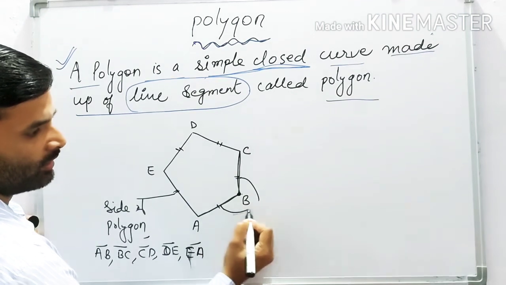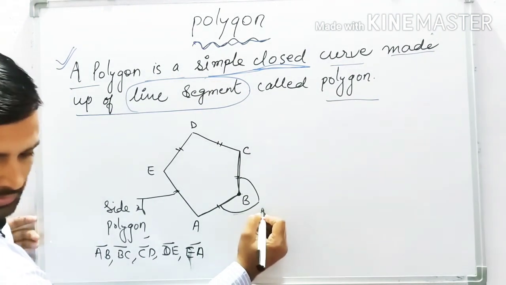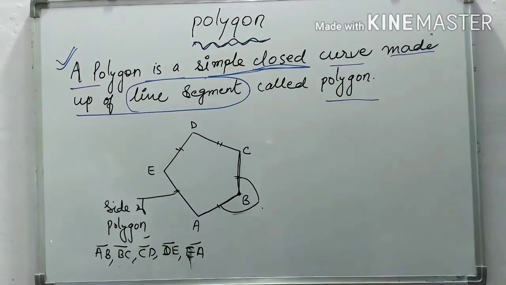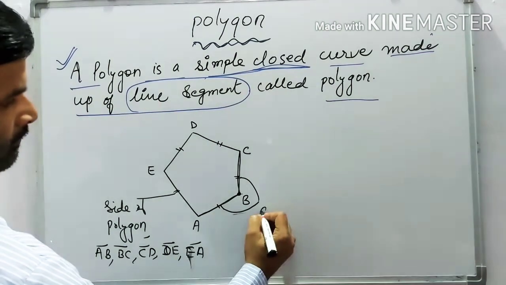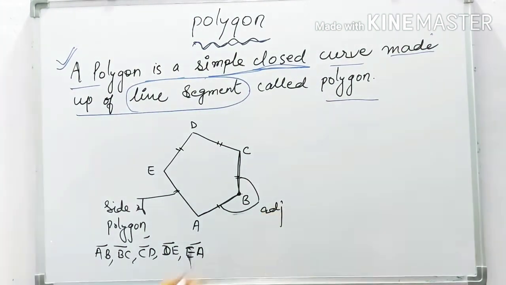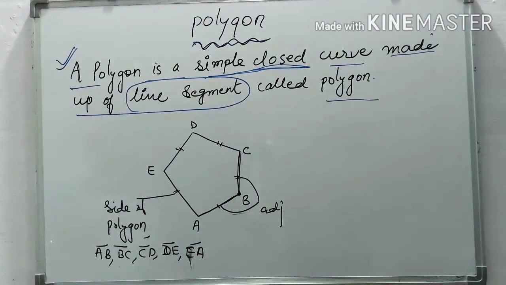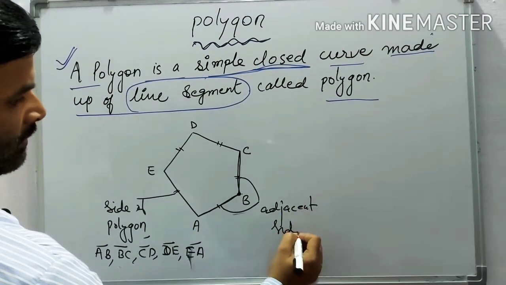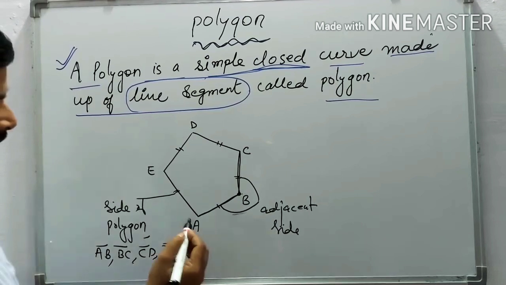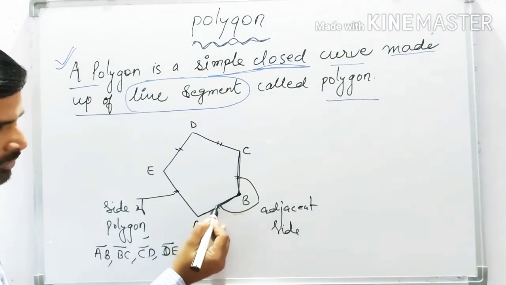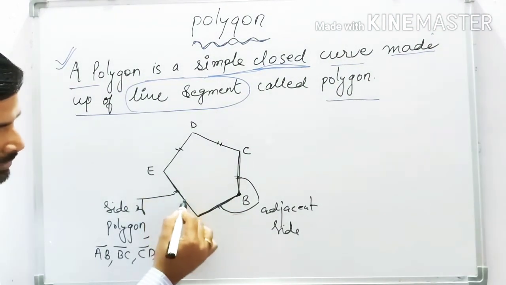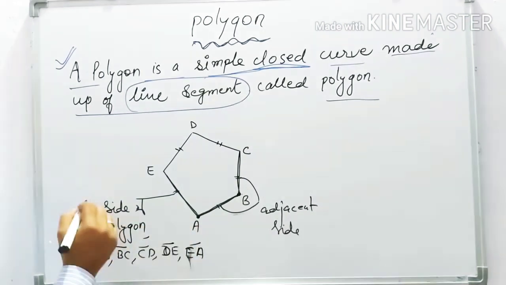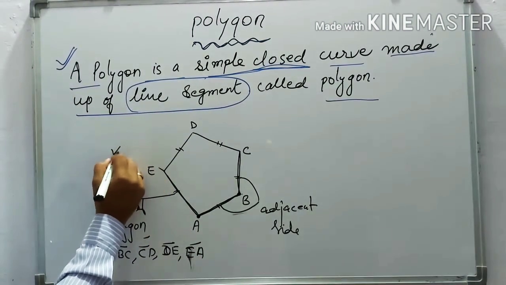These two sides are the adjacent sides. The common point where the two sides join is called the vertex.